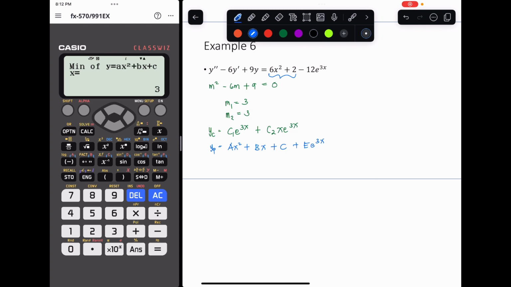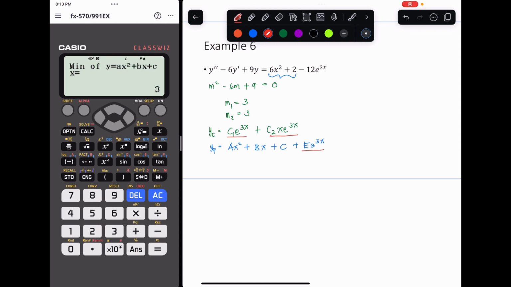But this term is the same as the first term of the complementary solution, so we multiply it by x. But then it would be the same as the second term, so I need to multiply it by another x.